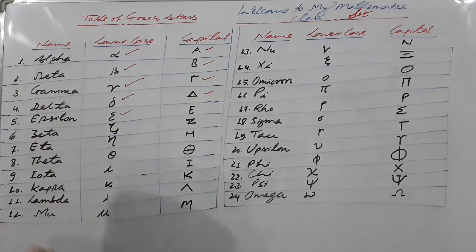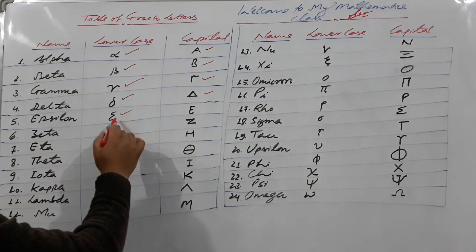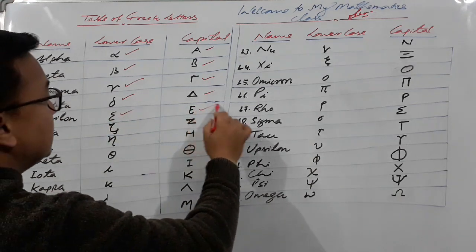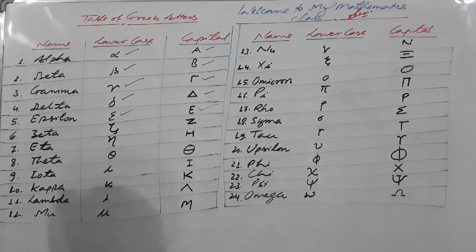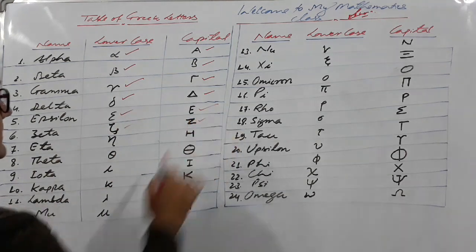You can read it in two ways, either epsilon or epsilon. This one is the smaller lowercase, and this one is a capital epsilon. And zeta and capital zeta.